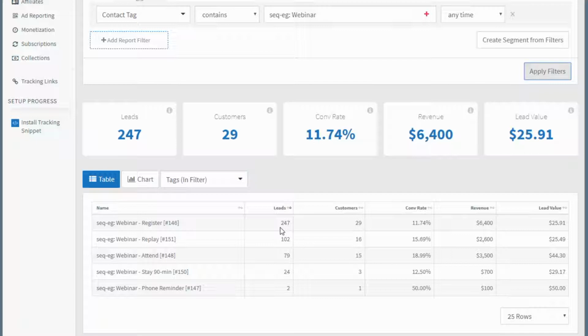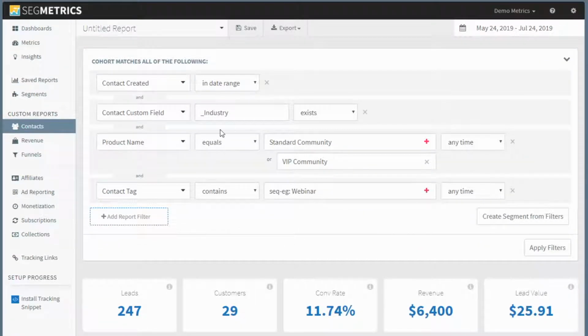We can see that we have an 11% registration rate. Interestingly enough, we have a low attend rate, but we have a high replay rate. So we're seeing a lot of people going to the replay who aren't necessarily attending the webinar.